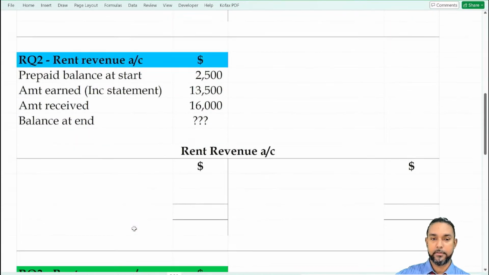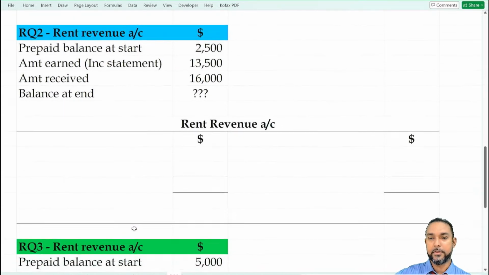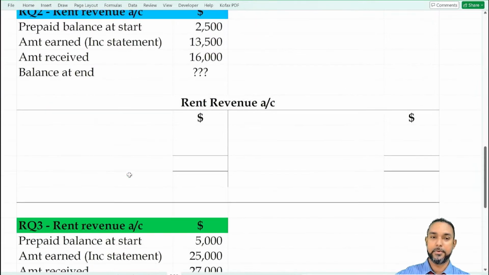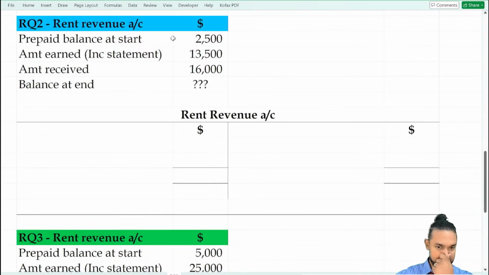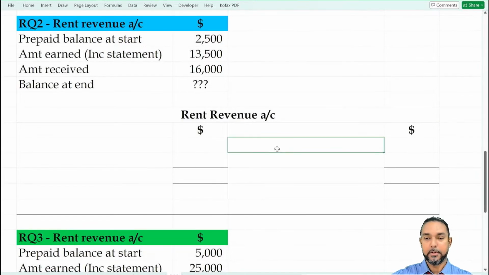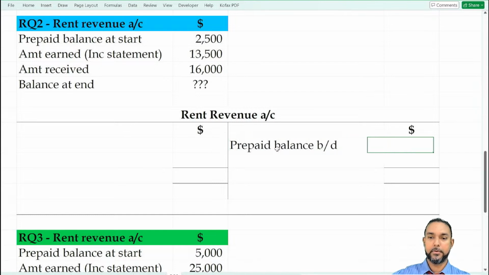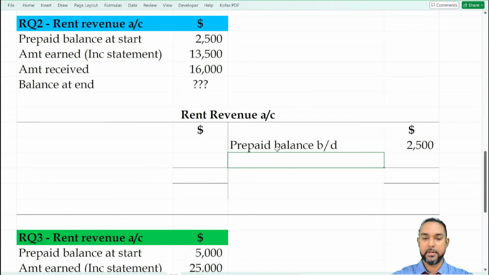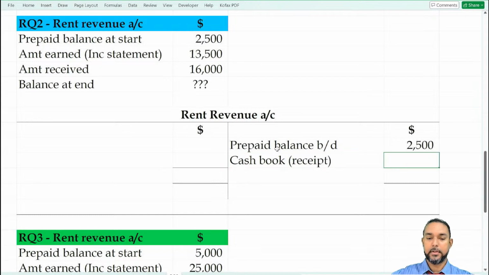All right, so for this one, I think these would all stay as being prepaid. Small thing. So prepaid balance brought down, 2,500. The amount received, or the cash book figure, is 16,000, so that gives us a total of 18,500 here.